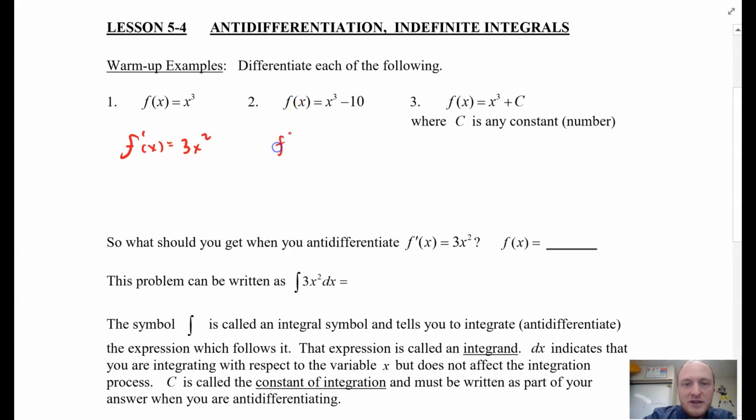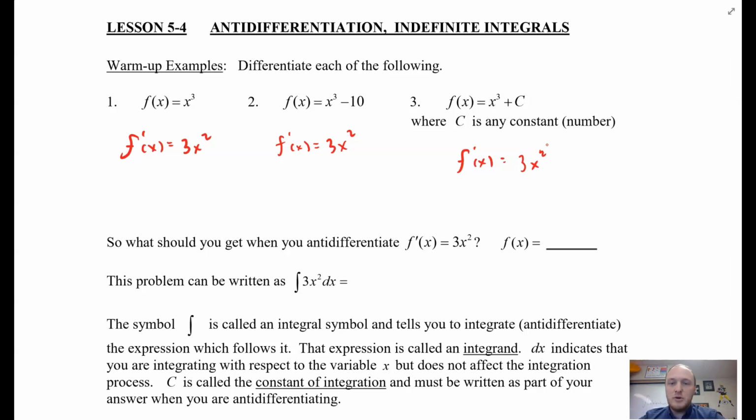Here, if I calculate f prime of x, this is also 3x squared. The derivative of the constant drops off. And here, if I have a constant value, f prime of x is going to be 3x squared. It doesn't matter what that constant is. What you should notice is that all of these derivatives are 3x squared.